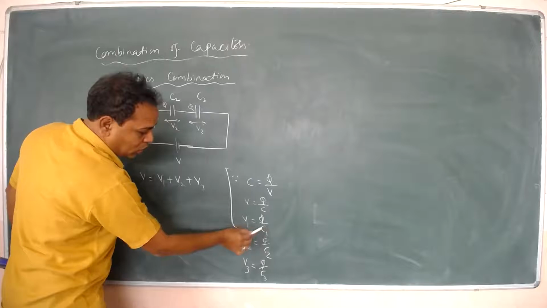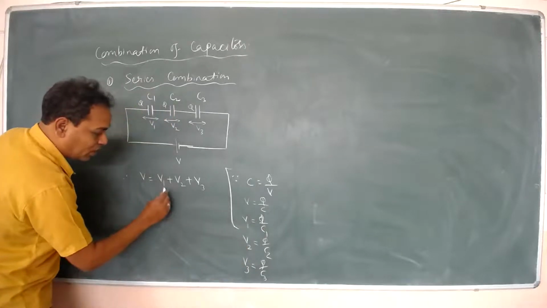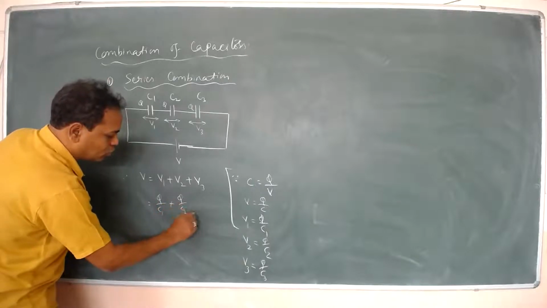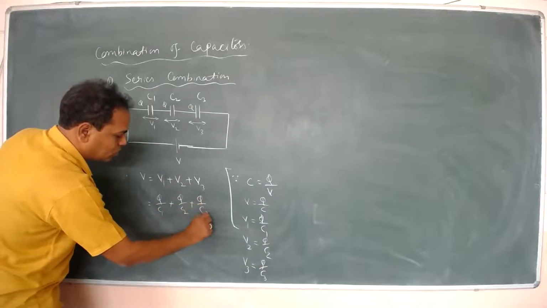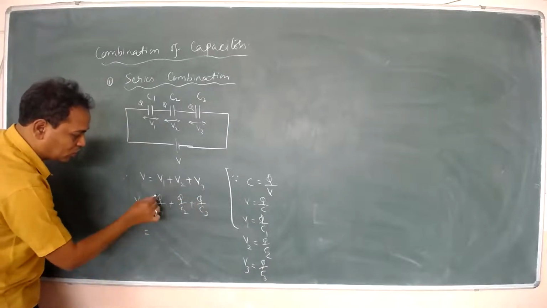Now V1, V2, V3, these three will be substituted here. Therefore, I can write Q by C1 plus Q by C2 plus Q by C3, which is equal to V. From this, I will take Q as common.